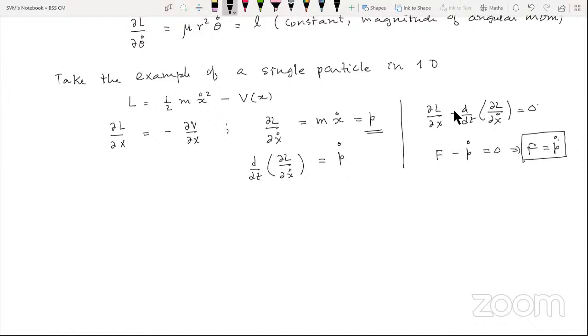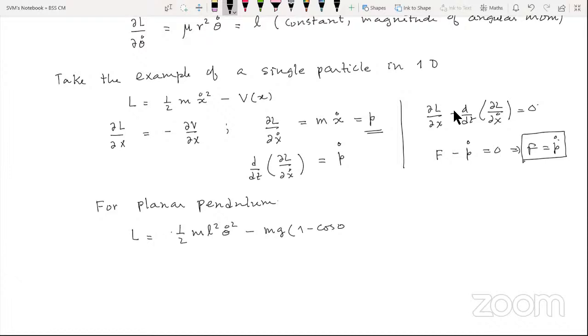Correct? For example, if you take the Lagrangian of a simple pendulum, let's say a planar pendulum, I guess last time you have done this problem. So for a planar pendulum, your L is given by half ml² θ̇², minus mg into (1 minus cos θ).